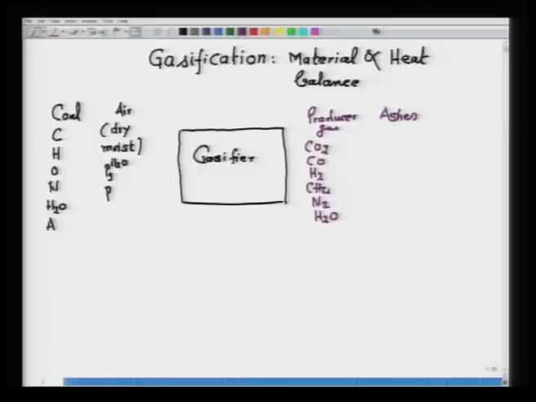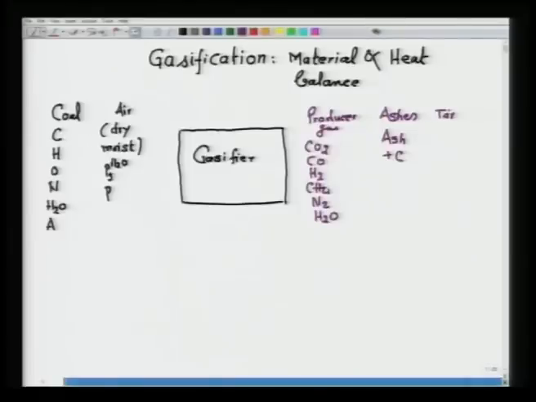Now, HS means it is a mixture of ash plus carbon, because in the previous lecture you have seen that when the coal burns, ash is left over and it is discharged, and along with that some very fine particles of carbon are also discharged. So, that is called HS, not ash. HS in fact is a mixture of ash plus carbon.